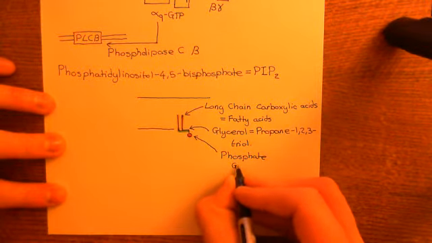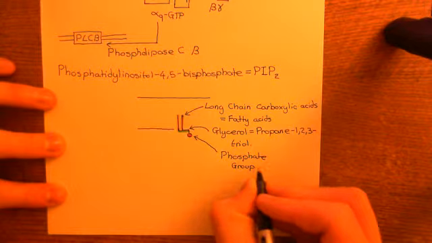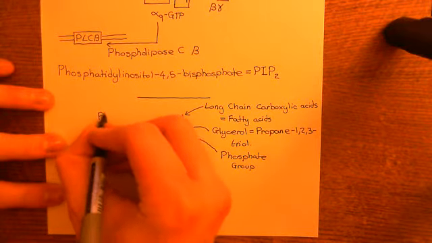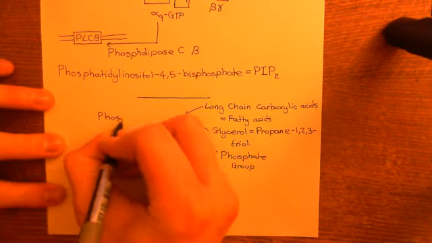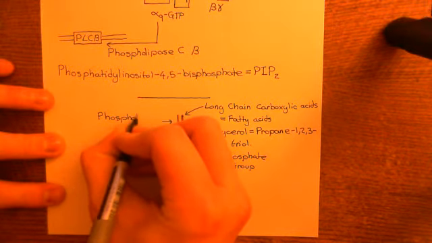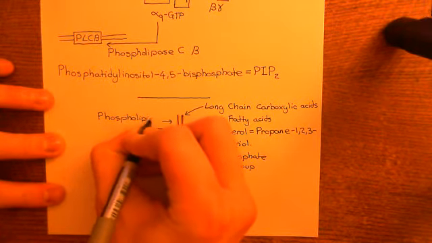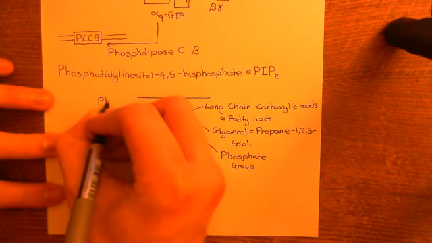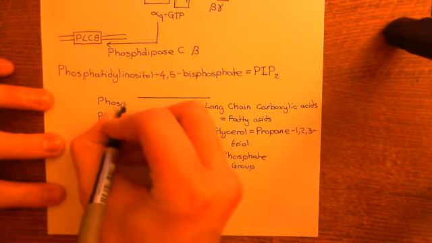So this molecule now is a normal old boring old phospholipid, the major thing that makes up the phospholipid bilayer. Now, the old name for a phospholipid is phosphatidate molecule.